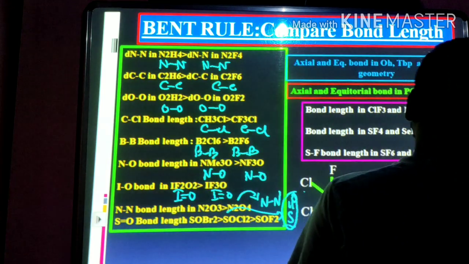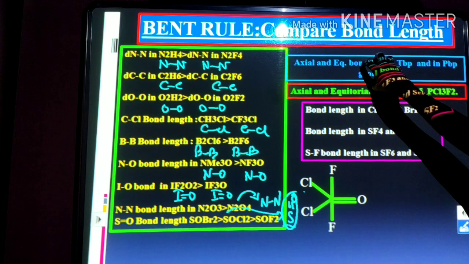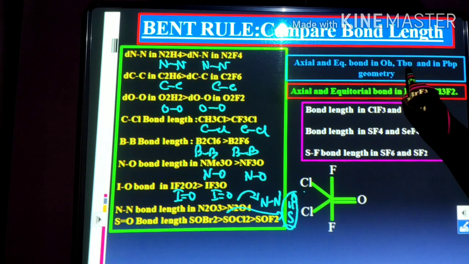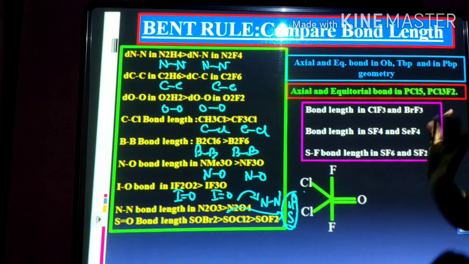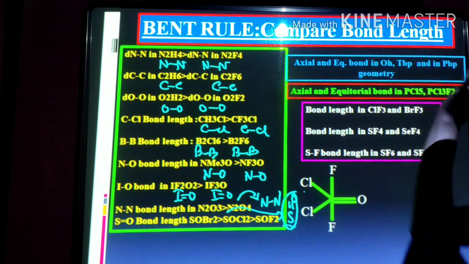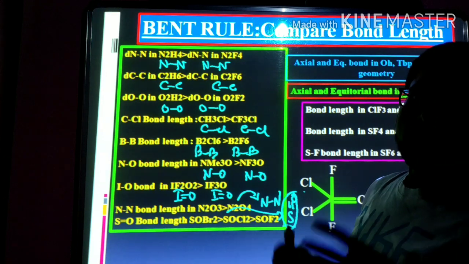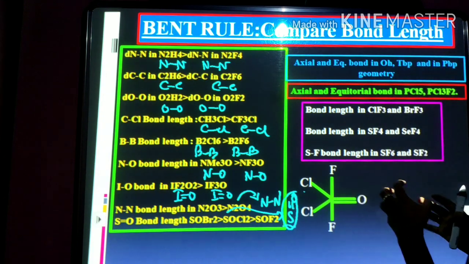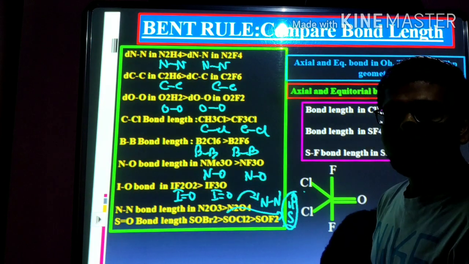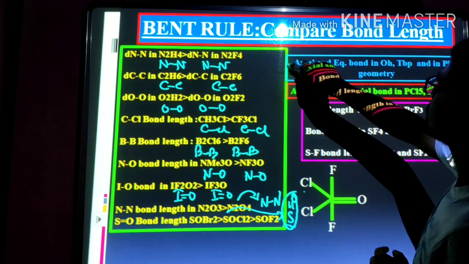Apart from that, we will discuss the axial and equatorial bonds in octahedral, TBP, I mean trigonal bipyramidal, and pentagonal bipyramidal geometry. In these geometries, where the most electronegative elements will be positioned, or where will be the locations of the most electronegative element, and the bond length variations, I will also discuss.